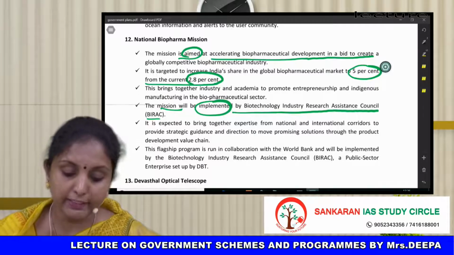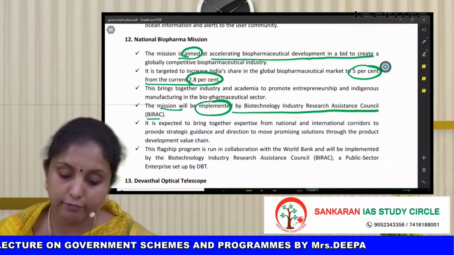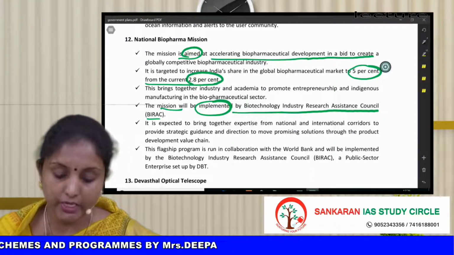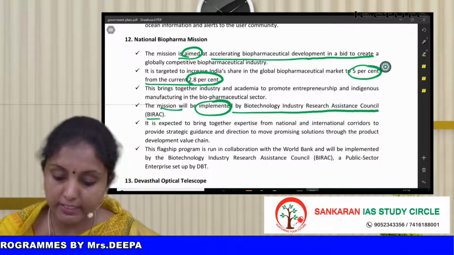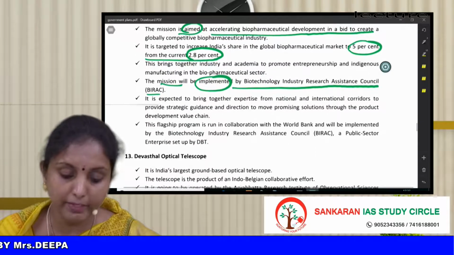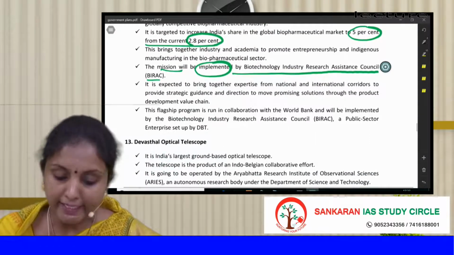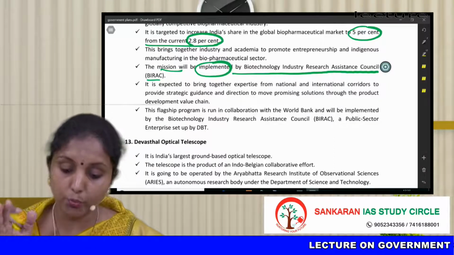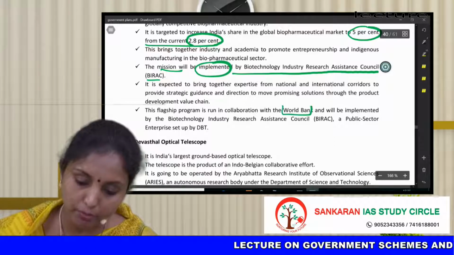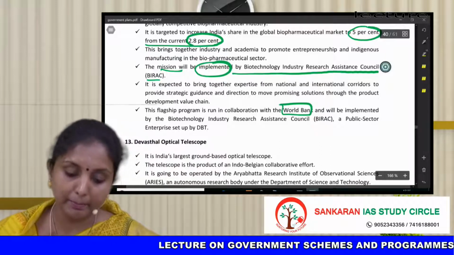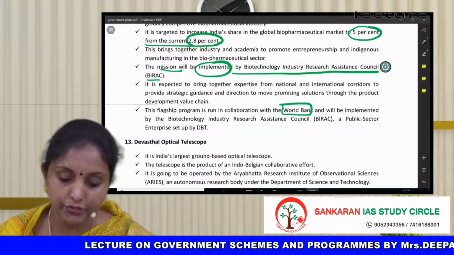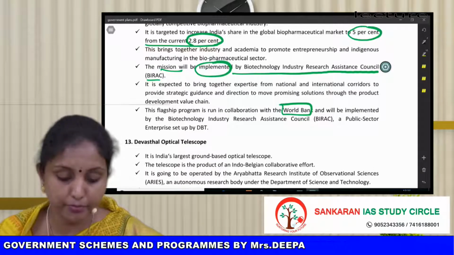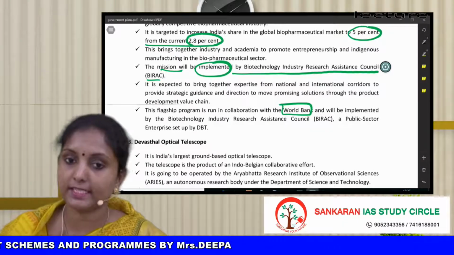It is expected to bring together expertise from national and international corridors to provide strategic guidance and direction to move promising solutions through the product development value chain. This flagship program is run in collaboration with the World Bank. That is also important. And it will be implemented by the Biotechnology Industry Research Assistance Council, a public sector enterprise set up by DBT.